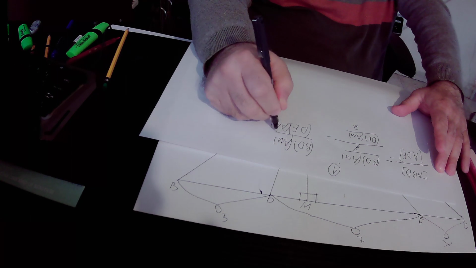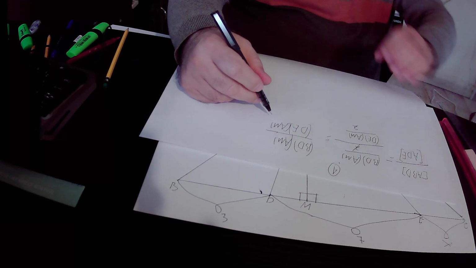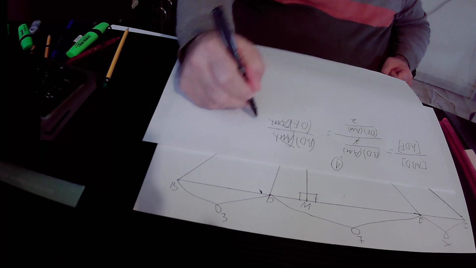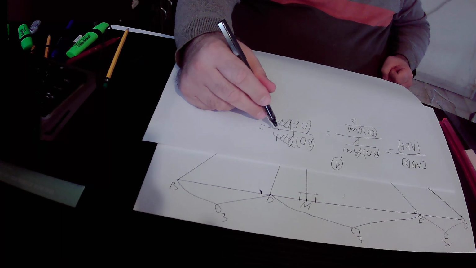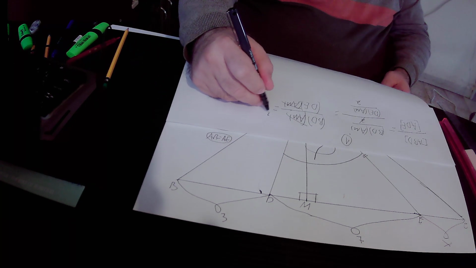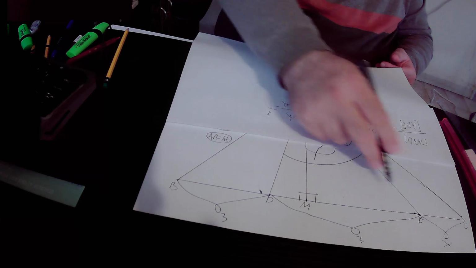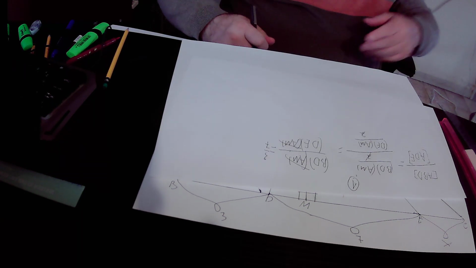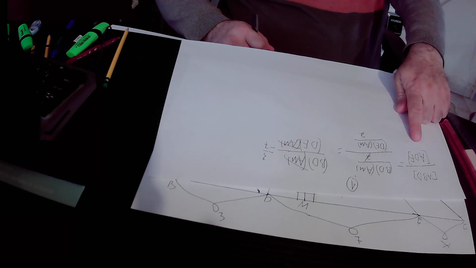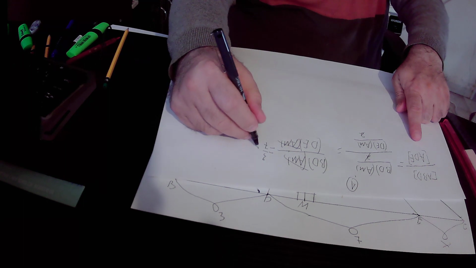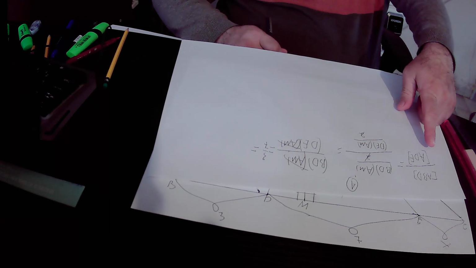We have AM in the numerator and AM in the denominator, so AM will get cancelled. And we are left only with BD over DE. BD equals 3 units, and DE equals 7 units. So in conclusion, we found that the area of triangle ABD over the area of triangle ADE equals 3 over 7.